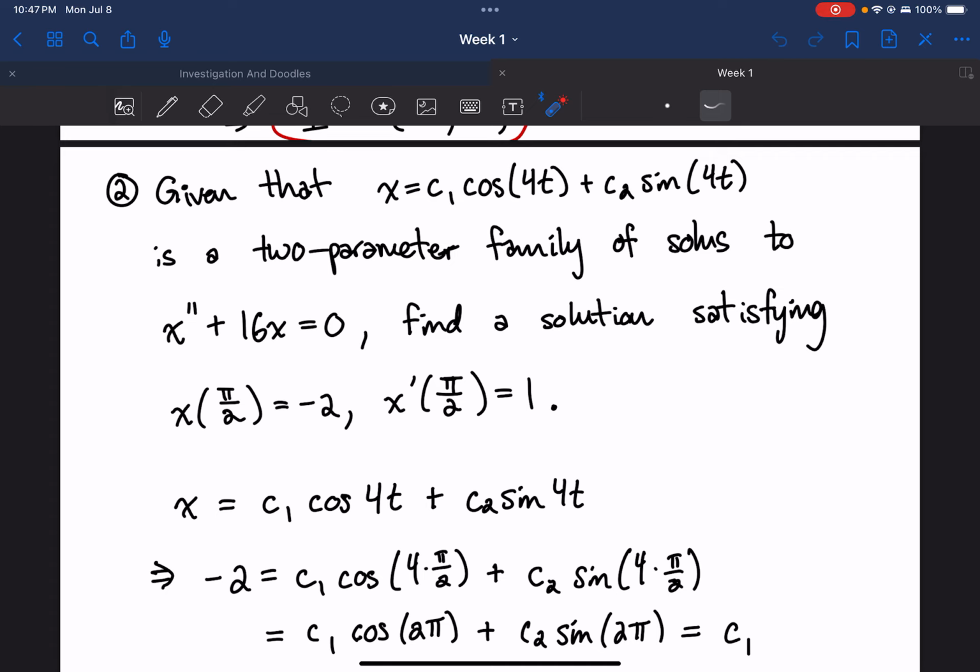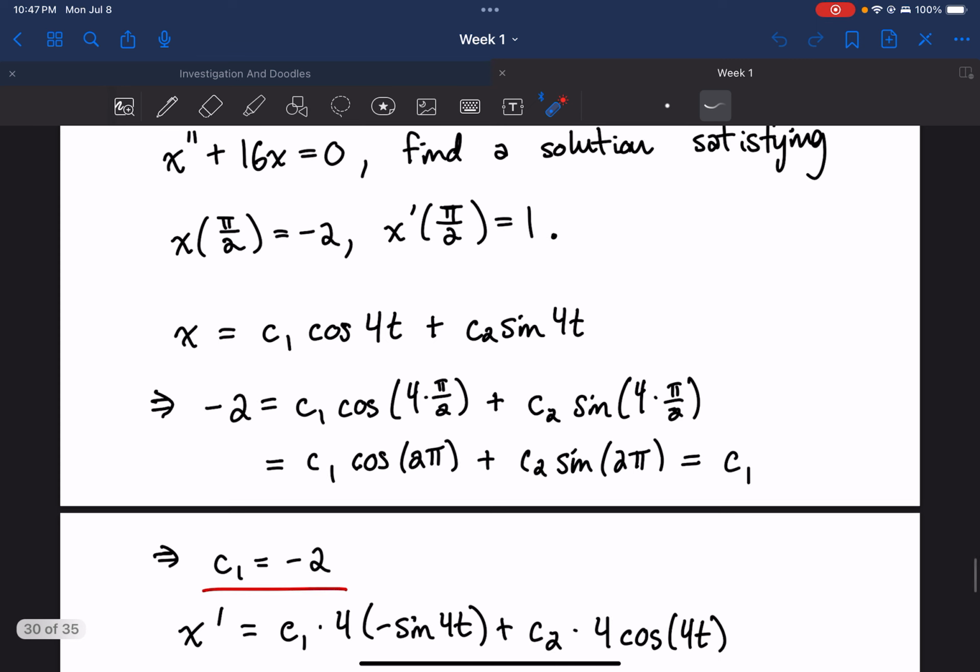Okay, let's see what happens. So we take our general solution to the differential equation, and we're just going to evaluate this first condition, right? So we're going to plug in t equals pi on 2 and x equals -2 into our solution.